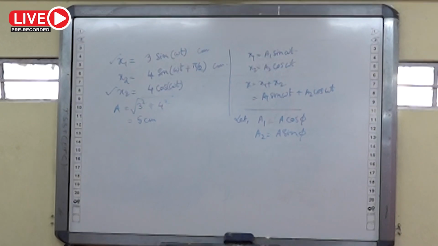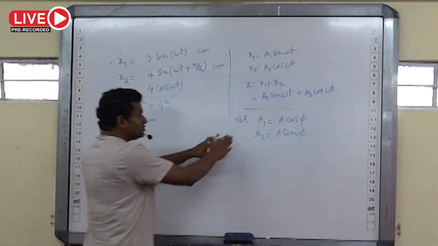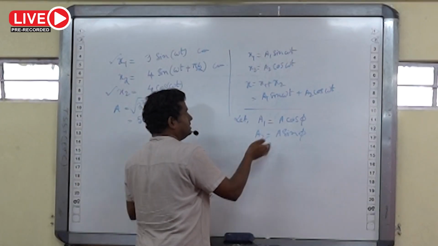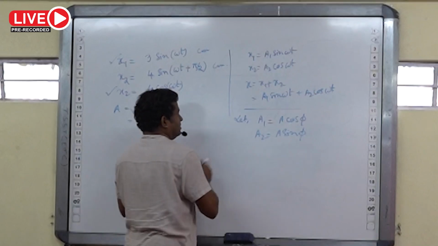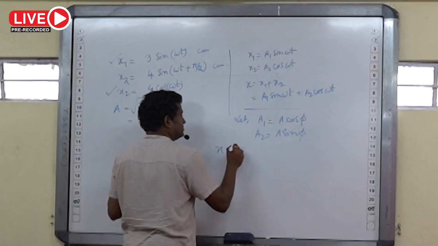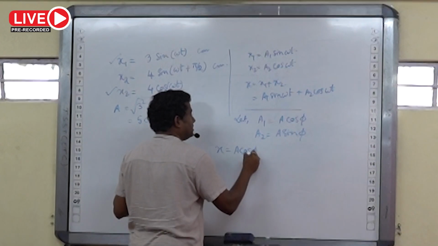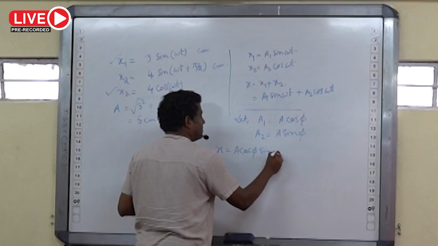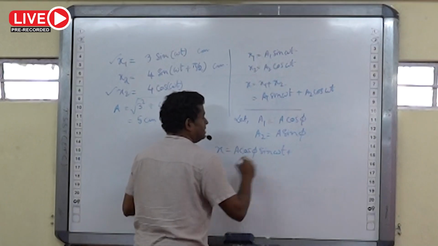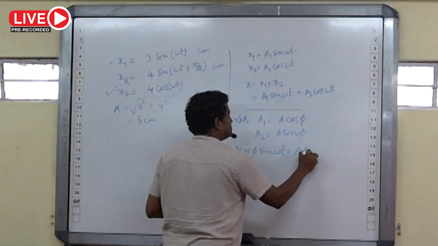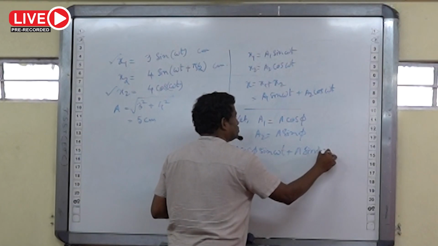Then substitute these two constants here. So the first one will become capital A cos phi sin omega t plus capital A sin phi cos omega t.